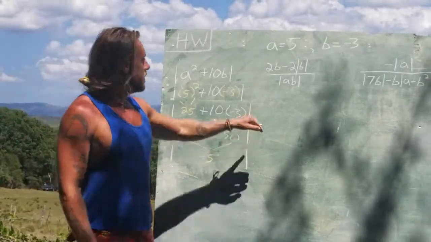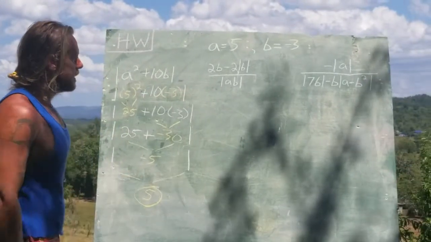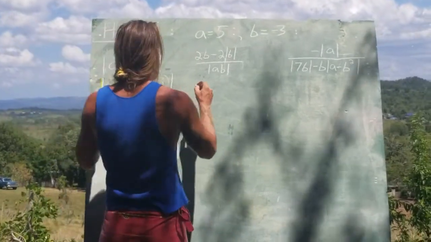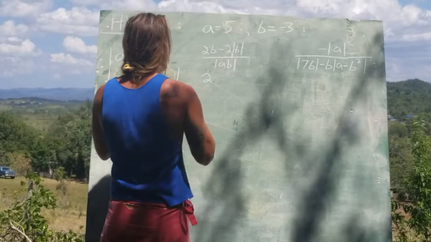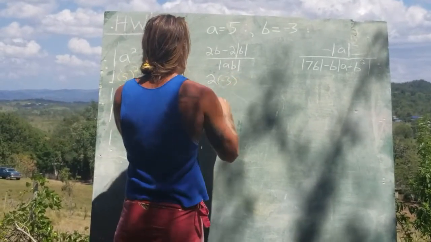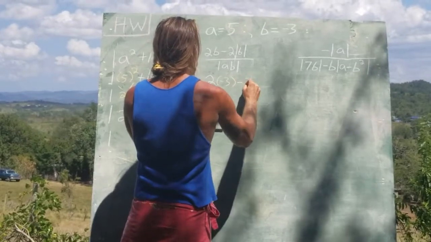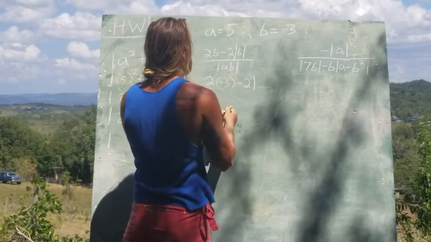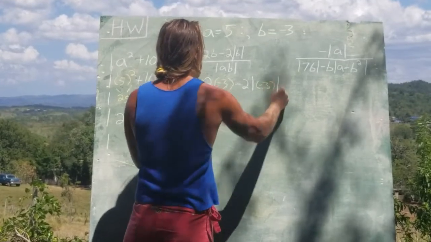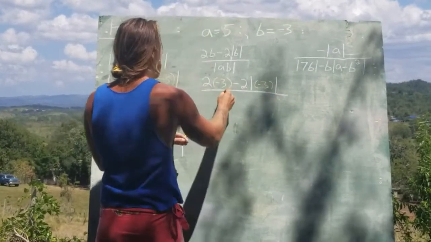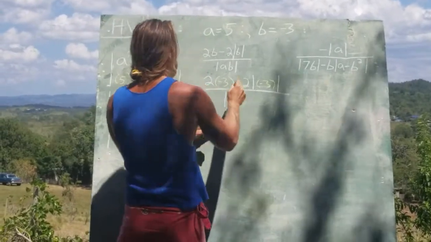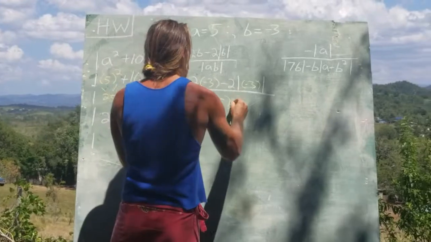Not too bad. Let's check out this one. Again, first thing we'll do is substitute in our values. So we have 2 times b, which is negative 3, minus 2 times the absolute value of b, again negative 3, over the absolute value of a times b, which is 5 times negative 3.